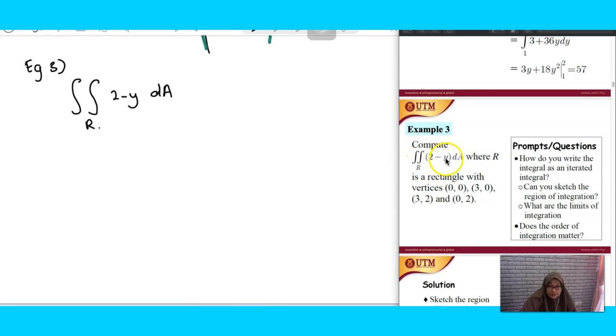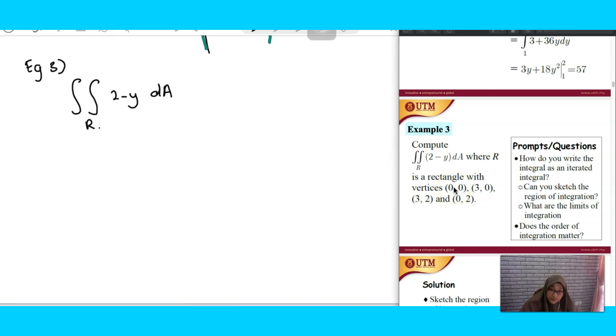Actually, first you have to sketch the region, because at the moment you have no idea what the region looks like. Even though they mention that it is a rectangle, we still have no idea of the limit of x and the limit of y. So it is easier for us to determine the limits of x and y by sketching the region.